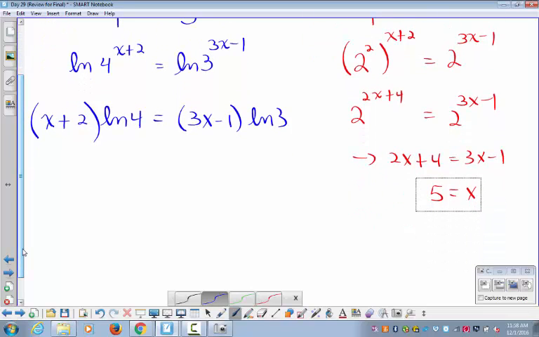Now, it may not look like it, but that's just a linear equation. The power on the x is 1. Just because there's logs in there, it may look more complicated, but it's just a linear equation. And with linear equations, x is to one side, numbers to the other, unlike a nonlinear equation where everything comes to one side and you factor. So let's clear the parentheses.